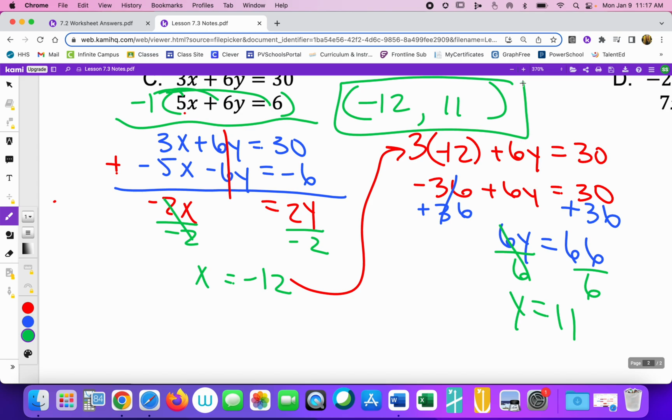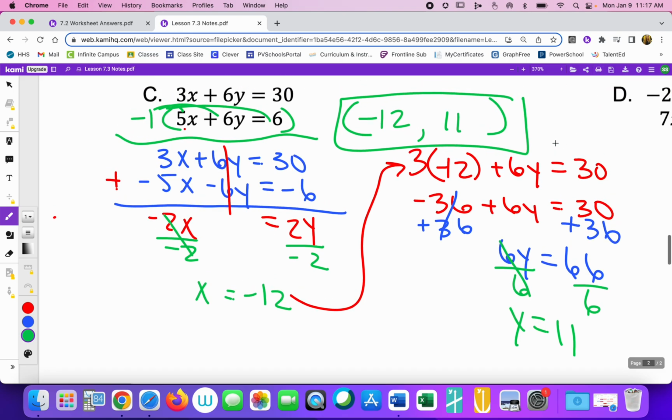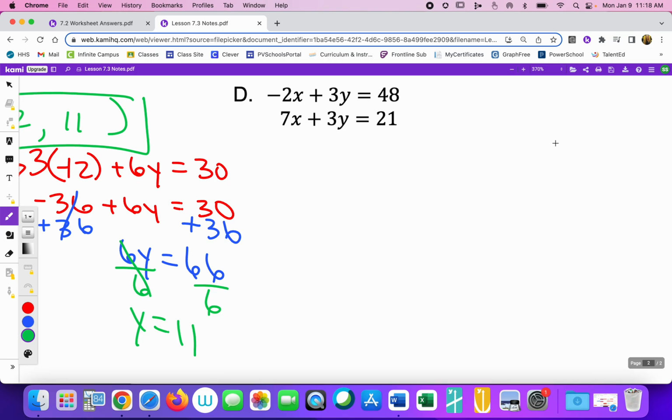Question. Okay, I want to give you time to try this one. So you either need to subtract because the three y's match, so adding them is not going to help, or multiply one of the lines by -1 first, then add it. It's the same thing. Okay, so solve it all the way till you have an xy coordinate on D. So I'll give you a little bit of time for that.